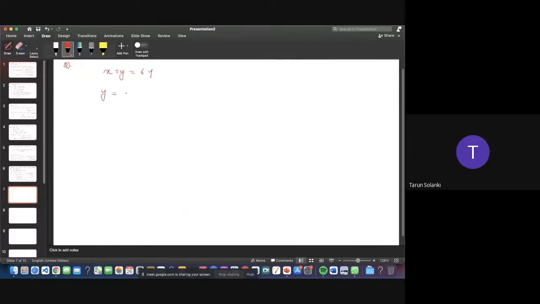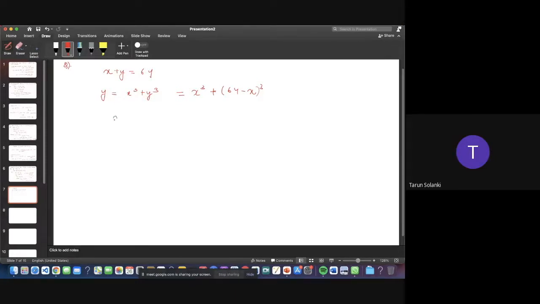So y equals 64 minus x, and the sum of cubes is x cube plus y cube, which equals x cube plus (64 minus x) whole cube.